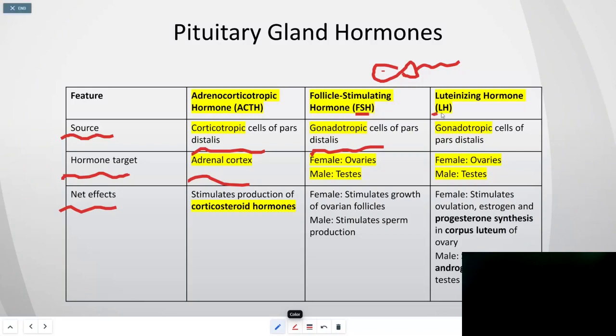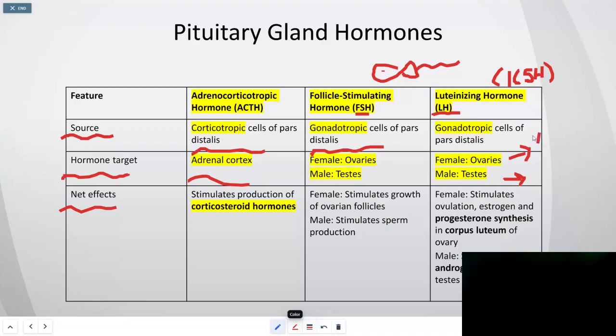And then the LH, luteinizing hormone, also called ICSH, interstitial cell stimulating hormone. They target some of the Leydig cells. In the males, Leydig cells. In the female, you have the granulosa and theca cells. Let me just add a little detail. For the ovaries, the target is the Leydig cells. Oops, sorry, that's the male.